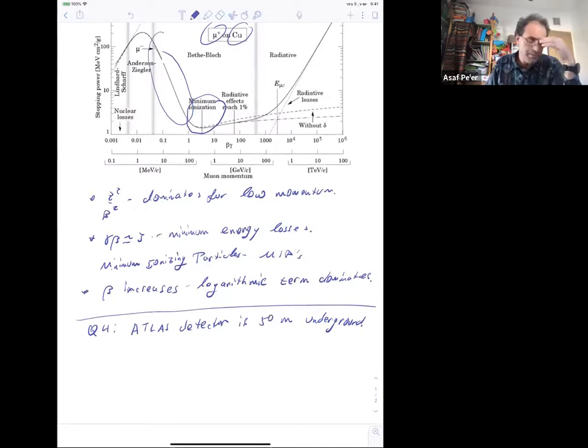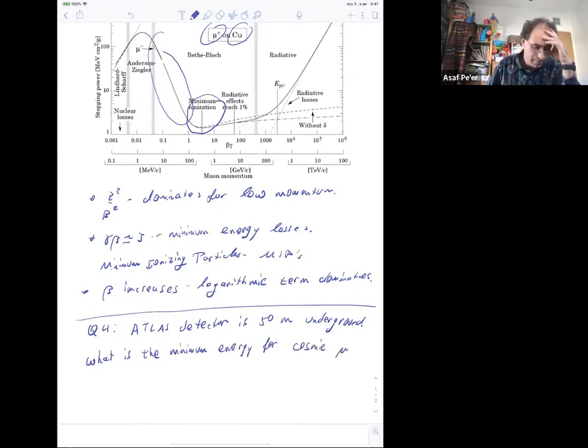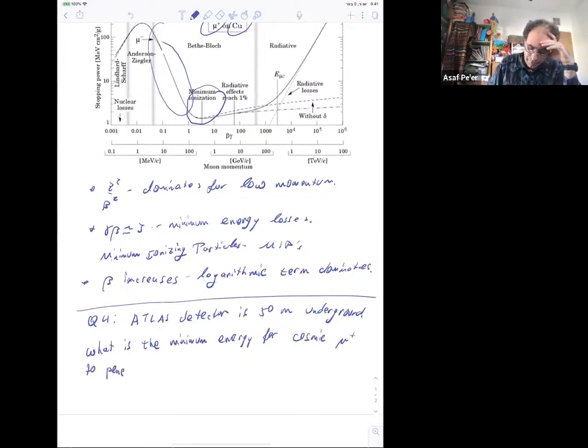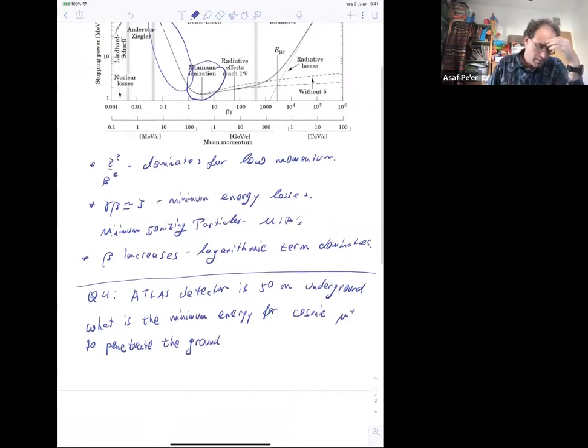What is the minimum energy required for a cosmic ray muon to penetrate the ground and reach ATLAS without being stopped by the rock above it?